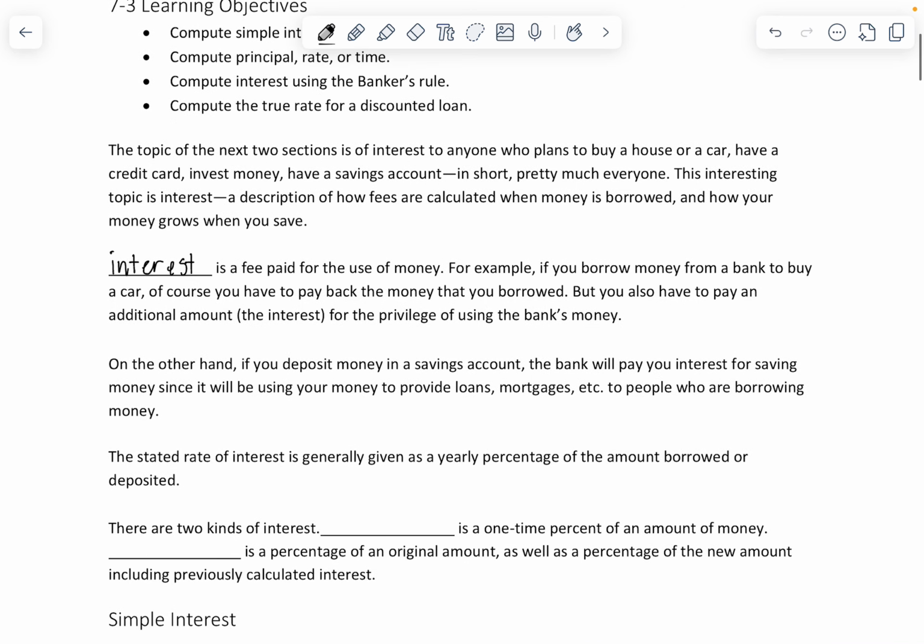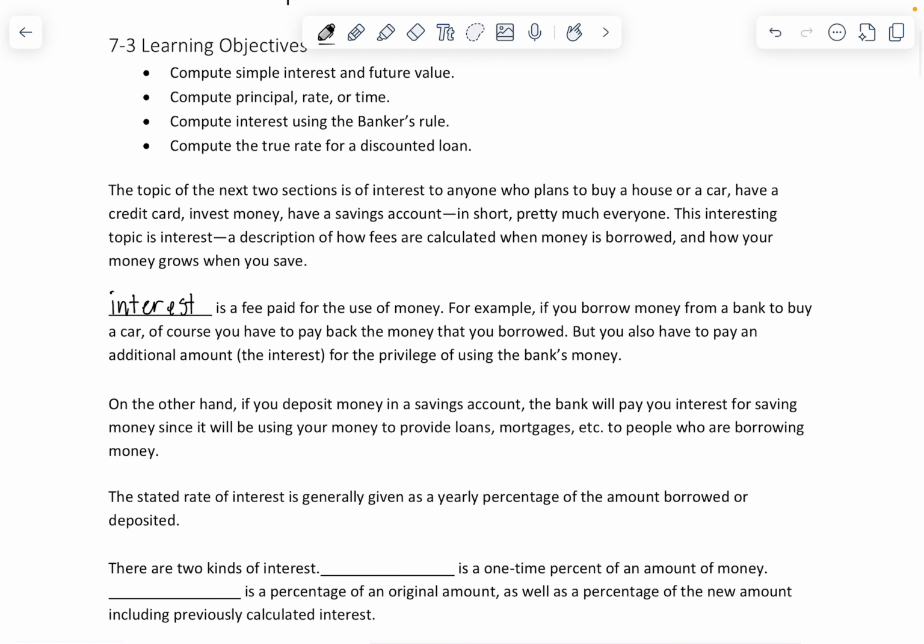There are two kinds of interest. Simple interest is the first type. It is a one-time percent of an amount of money. The other kind is compound interest.